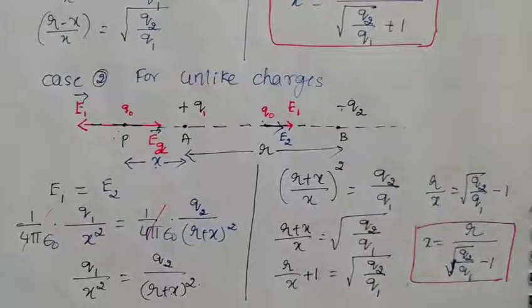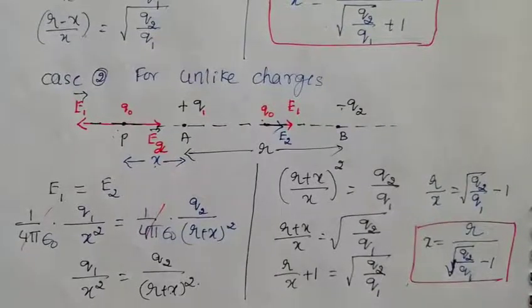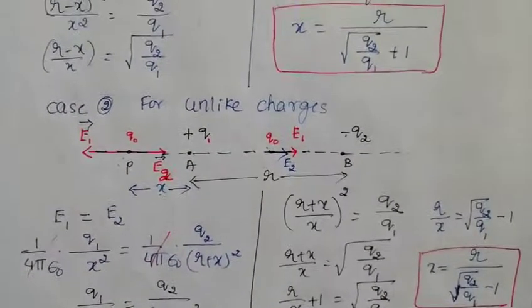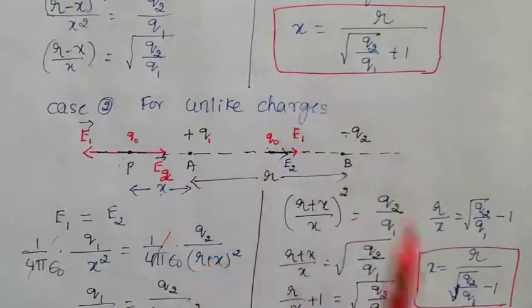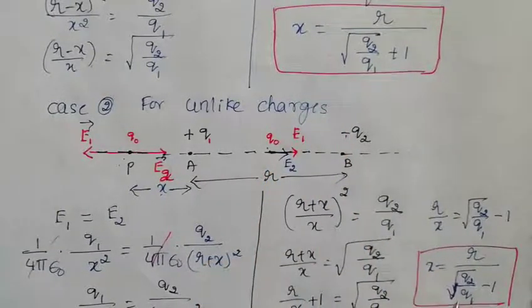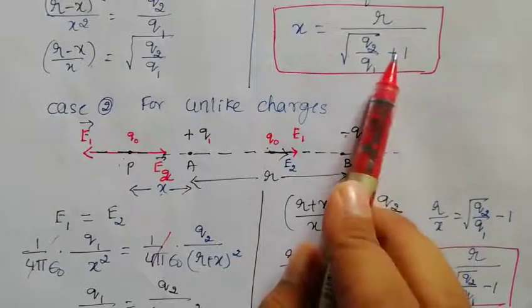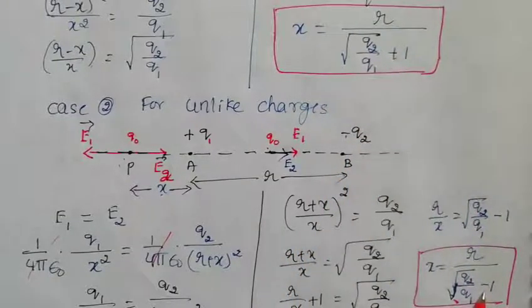So this is the neutral point formula for unlike charges. Now a comparison: this is for like charges, this is for unlike charges. What difference did we get? Here we got a positive sign, here a negative sign.